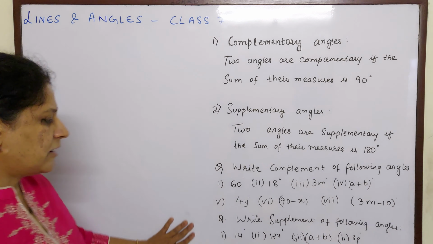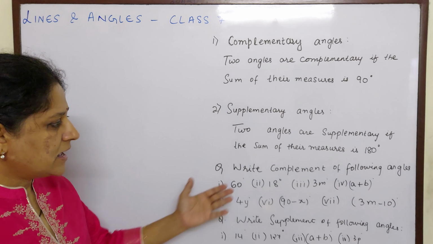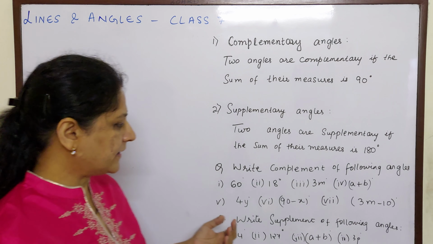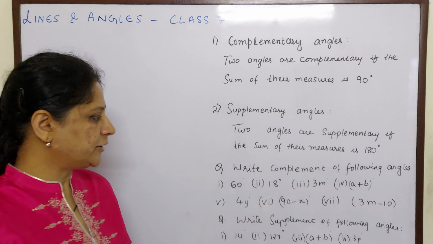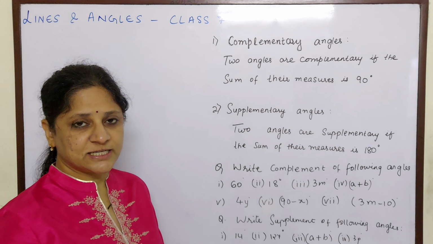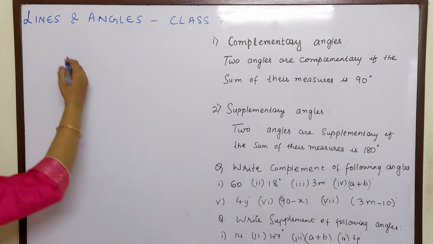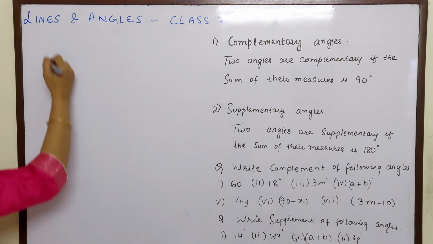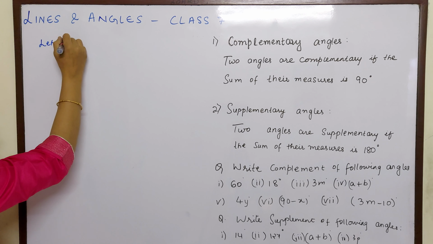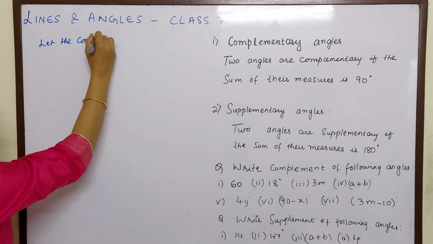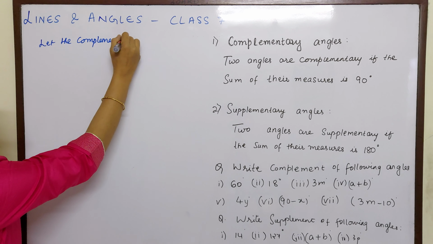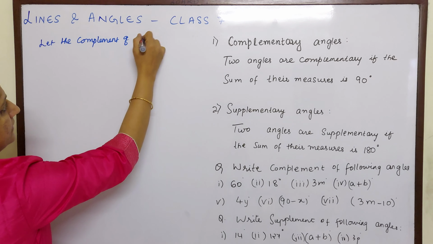So children, now let us start with the sums. Write the complement of the following angles. The first sum is 60 degrees. We have learned that complementary angles add up to 90 degrees. So let the complement of 60 degrees be x.